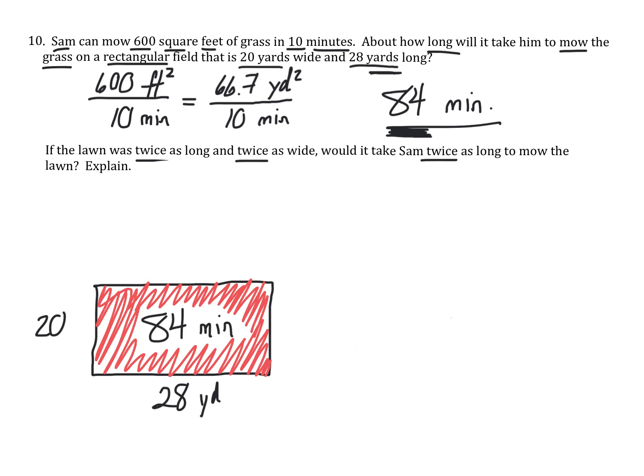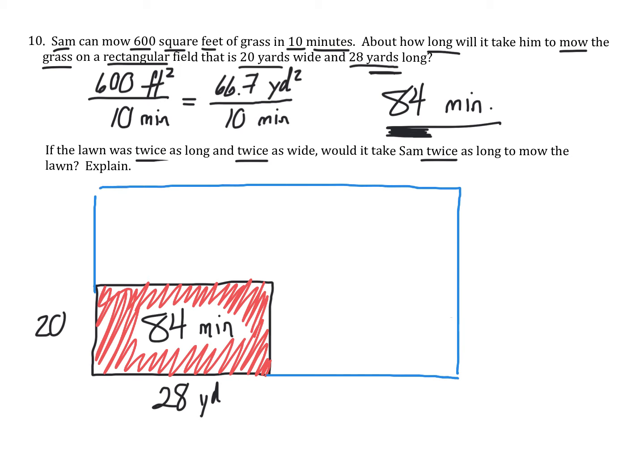Now for the second part of the problem, they doubled my width and they doubled my length. Now when I enclose this lawn, which is 40 by 56 yards, I can really compare it to my original, and I can start to see that I can really divide my new lawn into 4 equal sections.